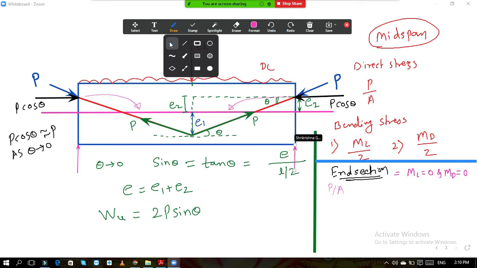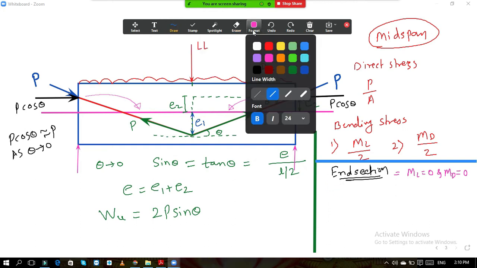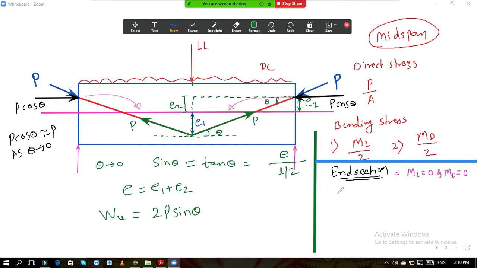Now see what forces will be there at the end section. At the end section, first the direct stress is there, which is P by A. Then the stress due to eccentricity is also there, and that stress will be P e2 by Z. P e2 is what?